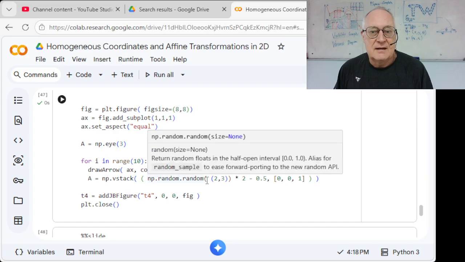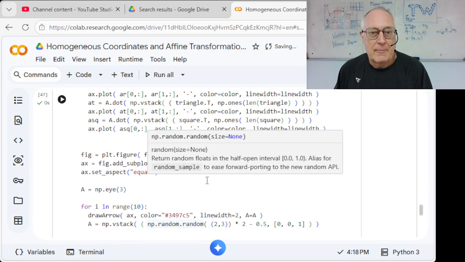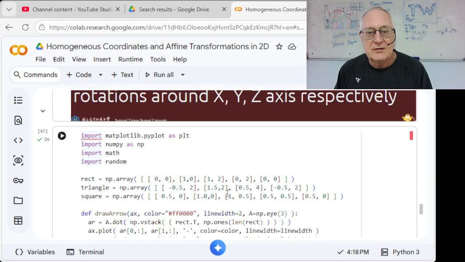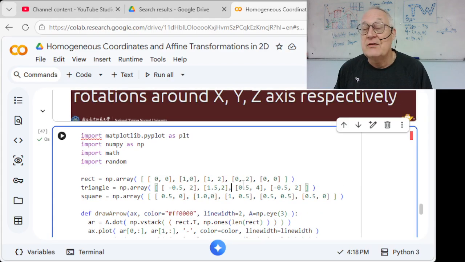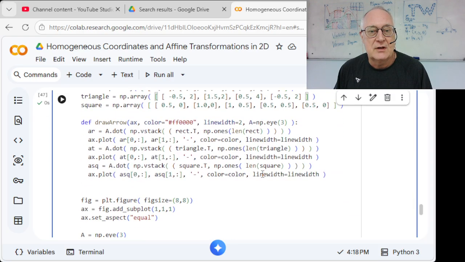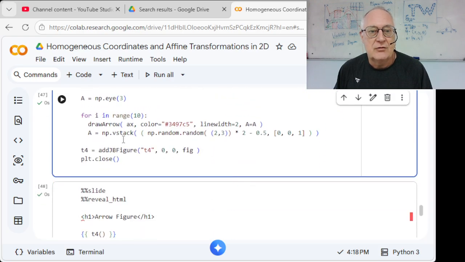The other thing is that with rotation matrices, I can basically put any matrix in as my compound transformation matrix. So here I just generate some randomly.